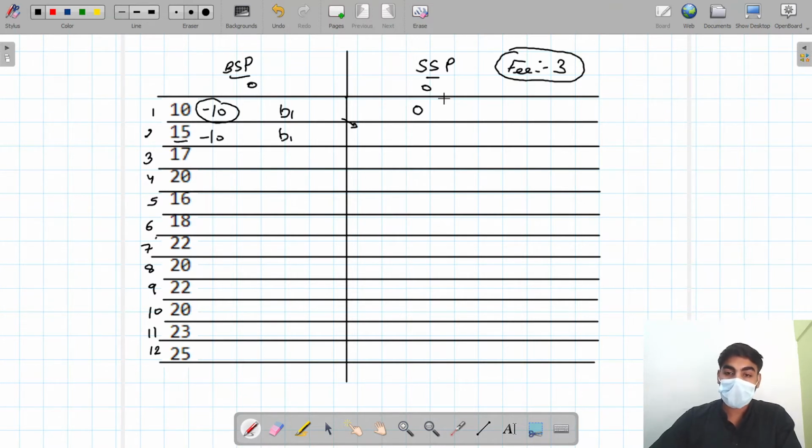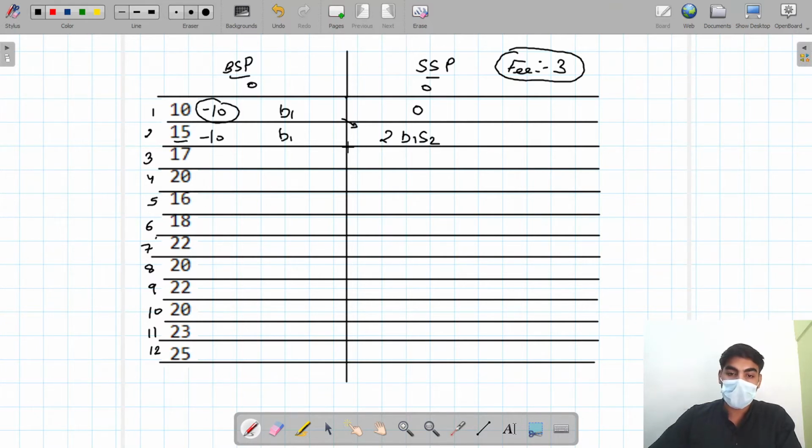But we have to pay a fee of 3 rupees after one transaction, completing a single buy and sell. So 5 minus 3, 2. We get a profit of 2 rupees, buying at first and selling today.